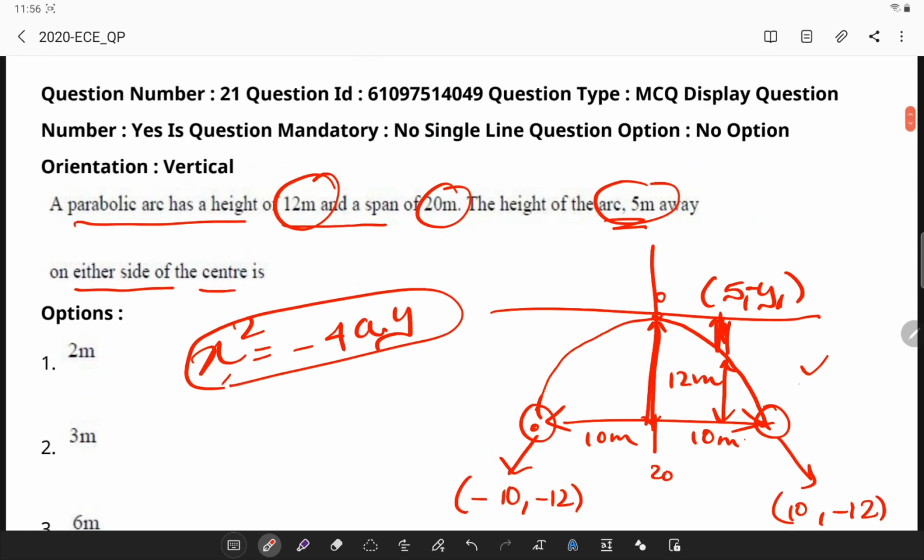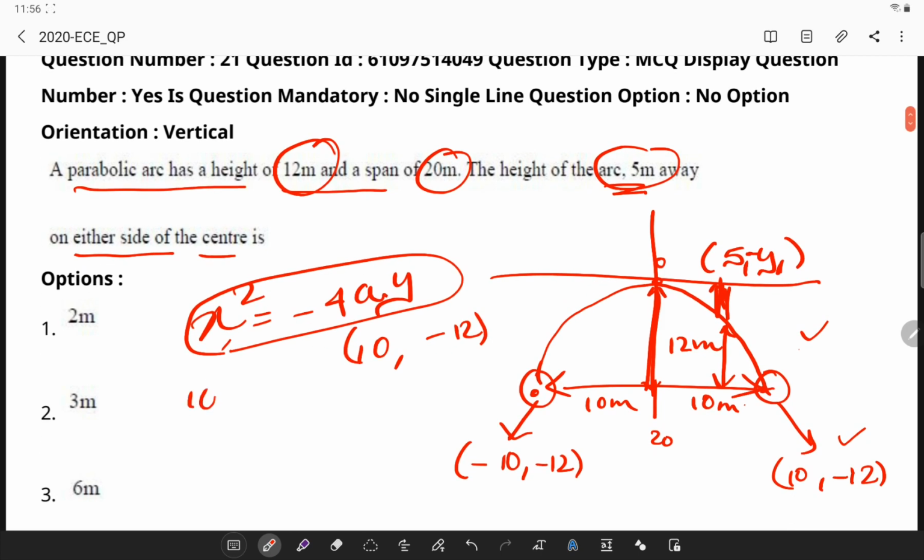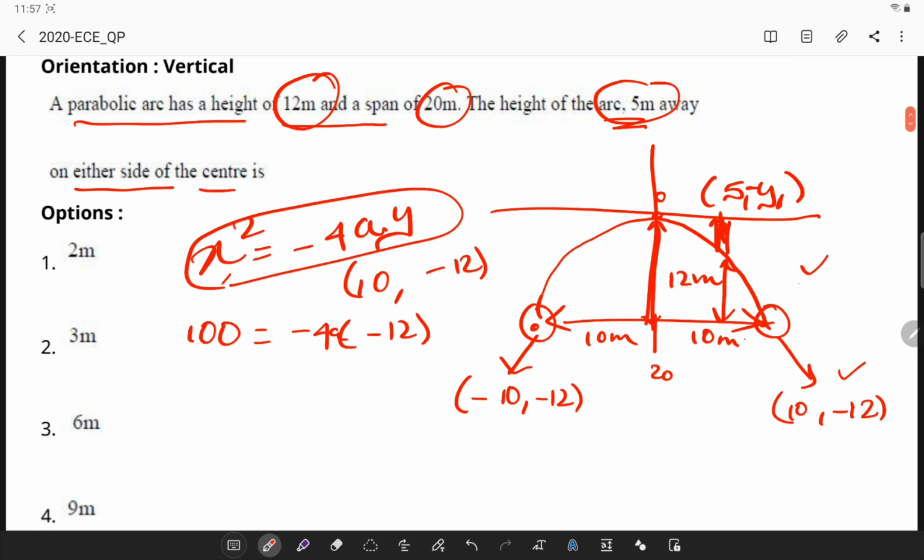So I will substitute this particular point 10 comma minus 12. I can substitute any of the points. So x is 10, 10 square is 100, equals minus 4 into y, which is minus 12, into a. So first I am supposed to calculate the value of a. So 100 divided by 48 is equal to a, or a value is 25 by 12.